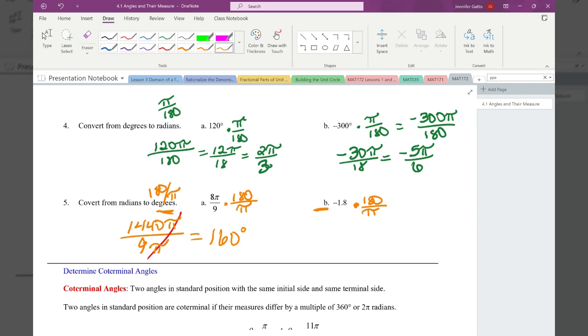So you can take the negative 1.8 and multiply that by the 180, and that's going to give us negative 324 over pi. Then just using your calculator, divide 324 by pi, and you will see that it gives us approximately negative 103.13 degrees.